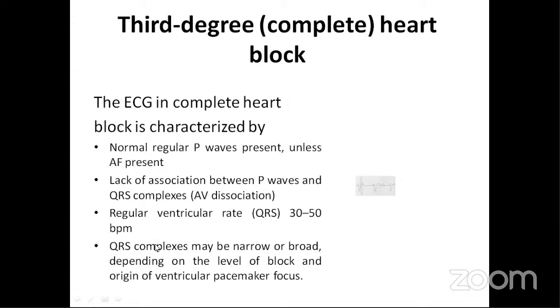There may be a narrow or broad QRS complex. These are all the characteristics of third degree heart block. The first thing is the lack of association between P waves and QRS complex, and the QRS complex may be narrow or broad, depending upon the person's condition.